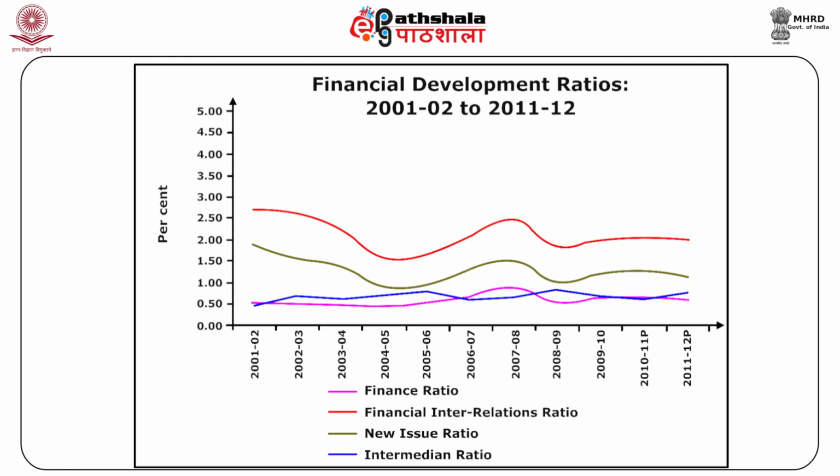Select indicators of financial development, table 7. Year is again the same, 2003-4 to 2007-8, 2008-9, 2009-10, 2010-11 and 2011-12 standalone numbers. Secondary issues, primary issues, within primary issues, domestic sector, rest of the world. Then the third one is total issue, which is a summation of 1 plus 2. Net domestic capital formation, national income, finance ratio, financial interrelation ratio, new issue ratios, intermediation ratio, growth in real GDP at factor cost.